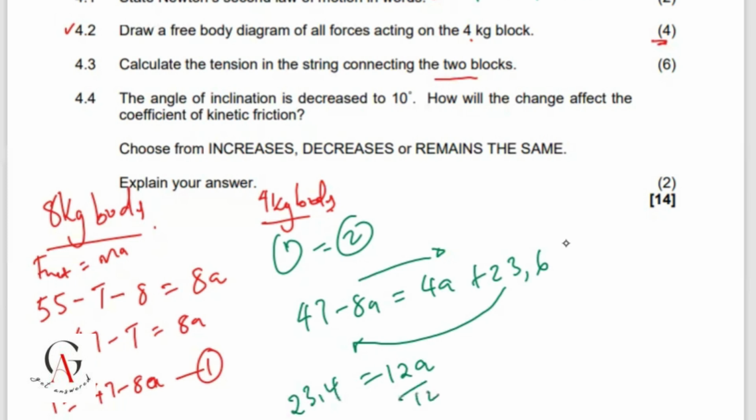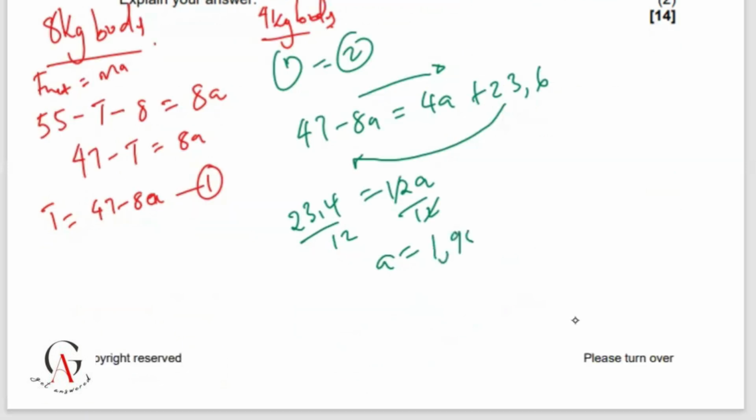Divide both sides by 12. So 23.4 divided by 12, which means our acceleration is 1.95 meters per second squared.